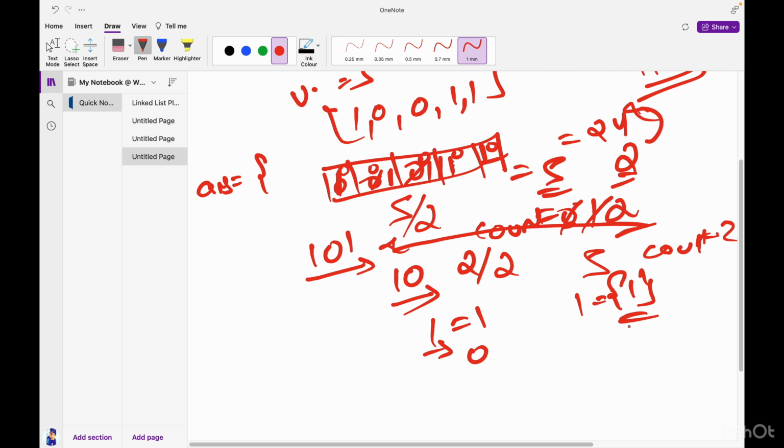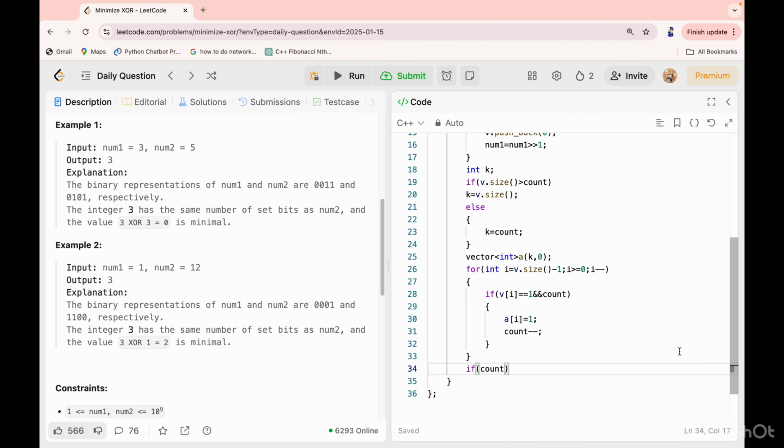So we could only set it here. Now we have to put another set value somewhere else. So for that I have to take another box. So we will use vector. We have to take the maximum size possible for the vector.